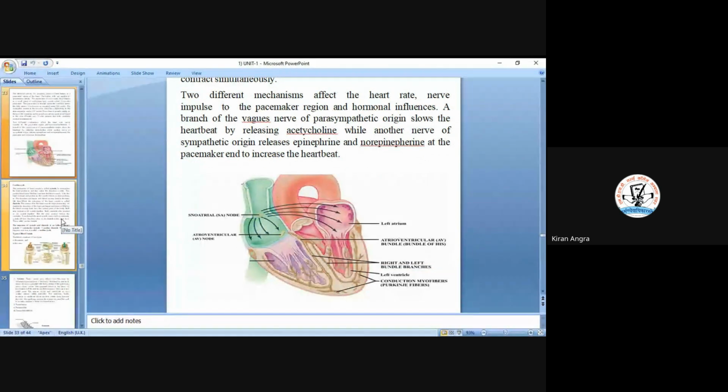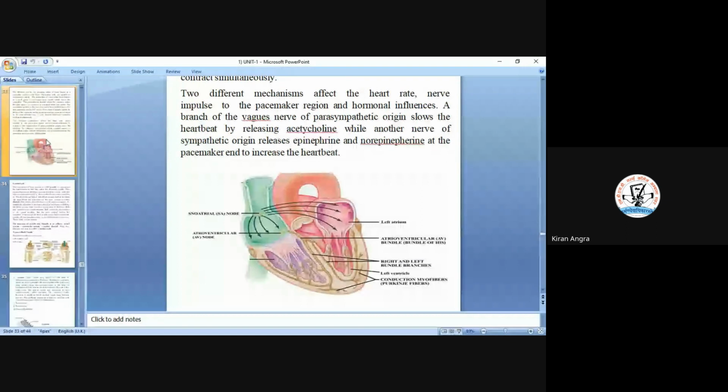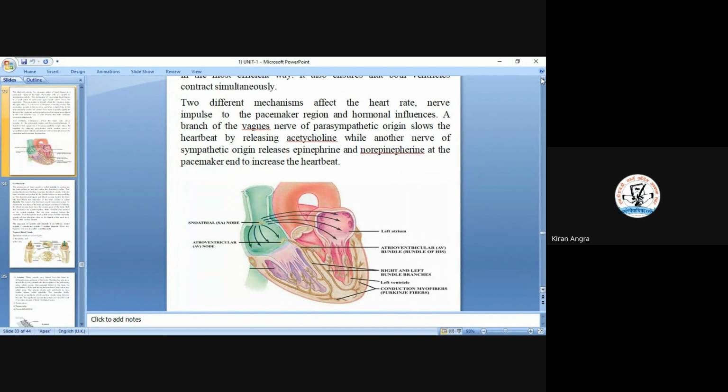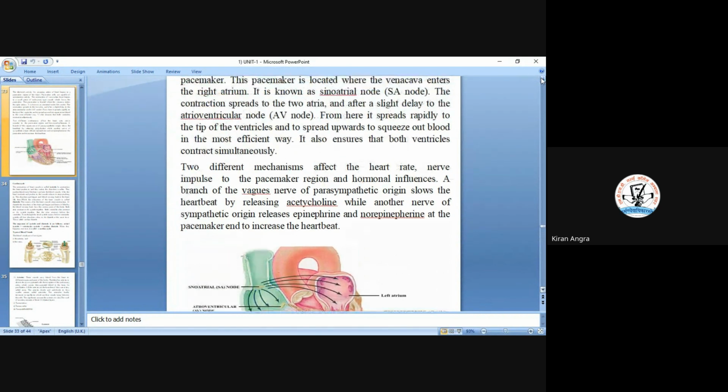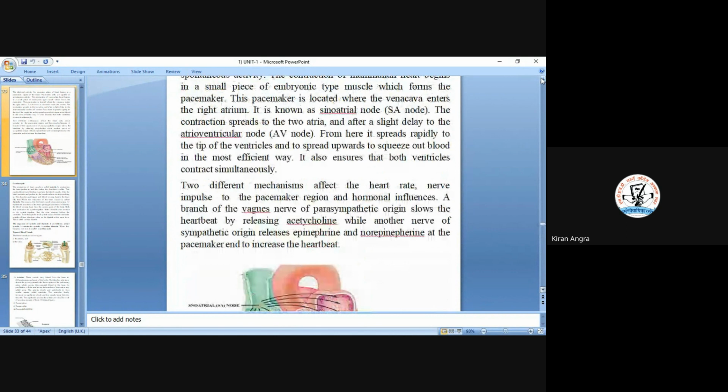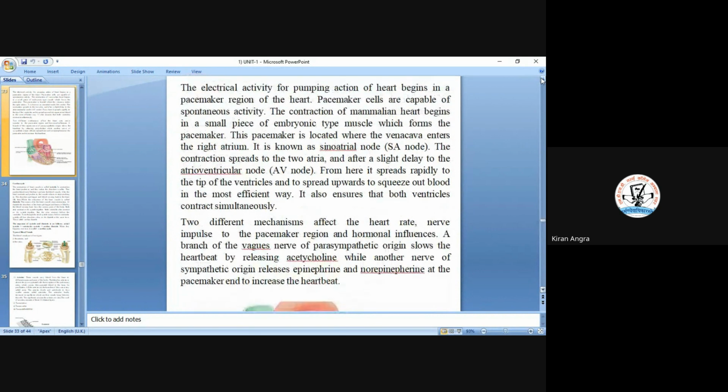The actual pumping of the heart, basically, these are the pacemaker cells. They are capable of spontaneous activity, and these pacemaker cells start working in the embryonic stage.